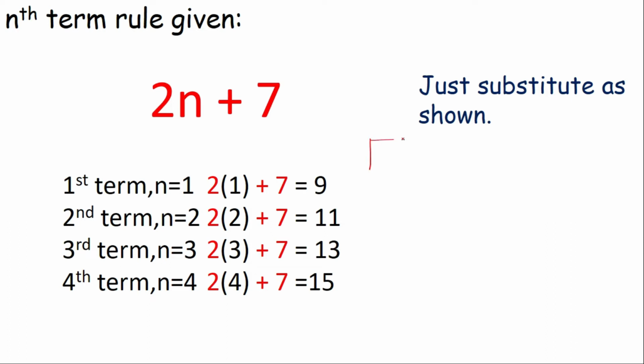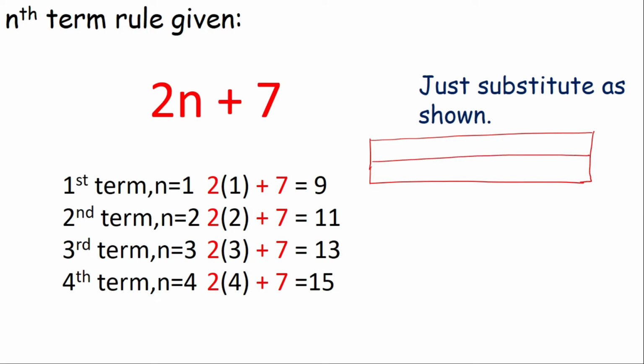From this we have to realize that n here is defining the position of the term. So n equals 1 gives you the first term, n equals 2 gives you the second term, when n is 3 you get the third term, and when n is 4 you get the fourth term.